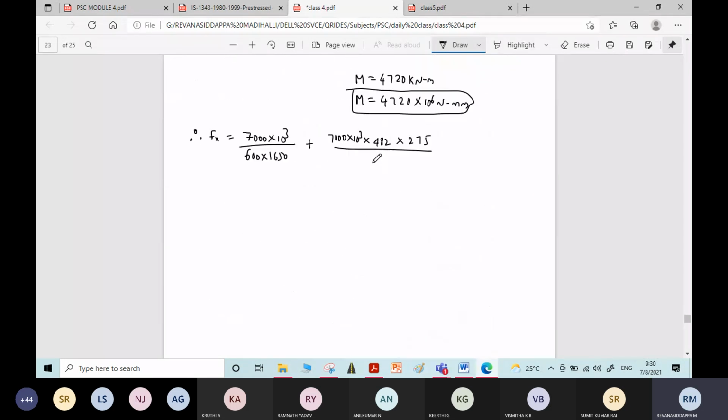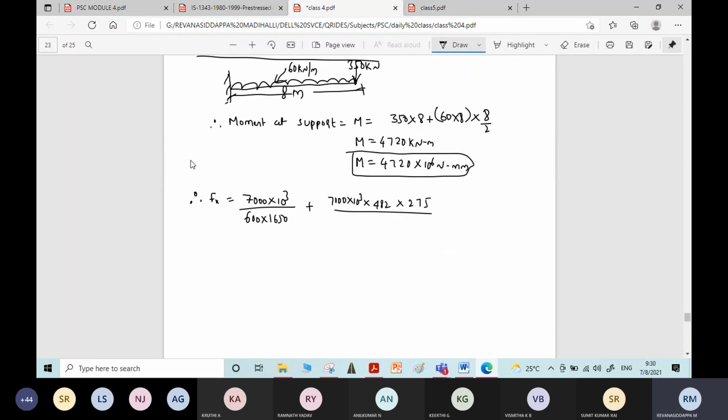You find it. Moment of inertia I equal to b d cube by 12, 600 into 1650 cube divided by 12. What is the value of moment of inertia?